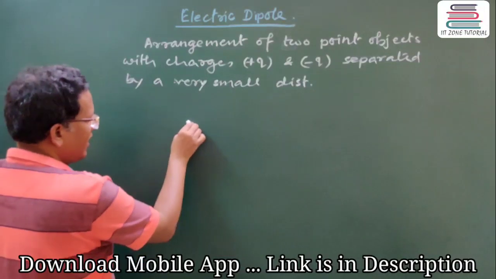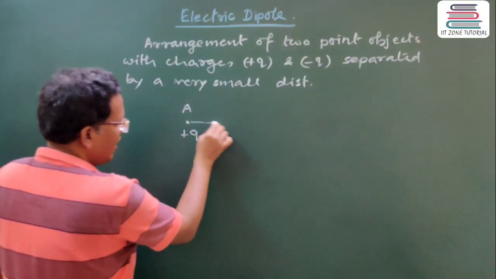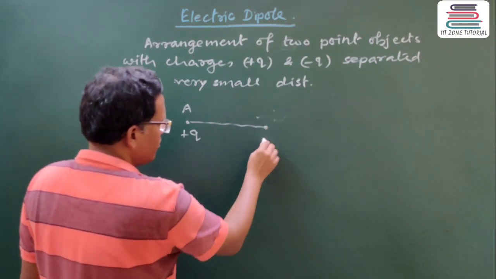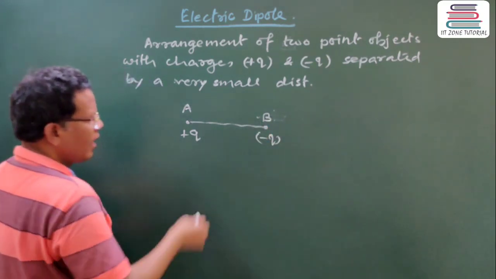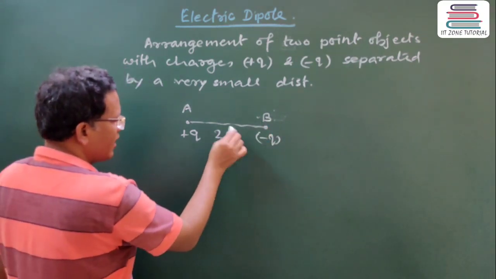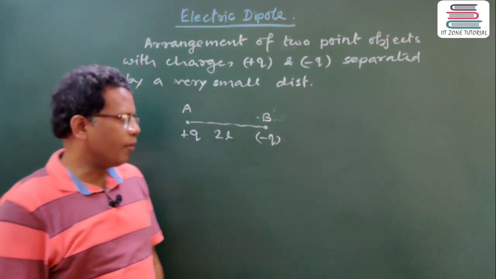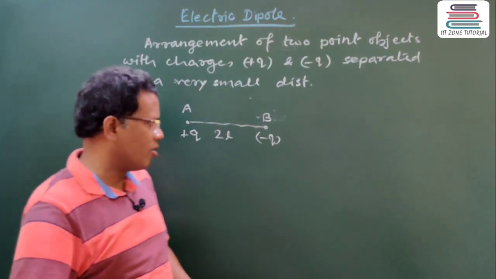So if I take one charge plus q at A, and another charge, for example minus q at B, at a distance of 2L from each other, this is a conventional distance, you can even take it L also.